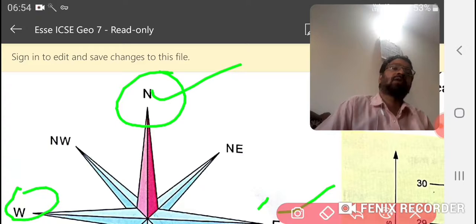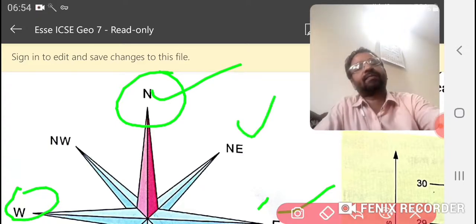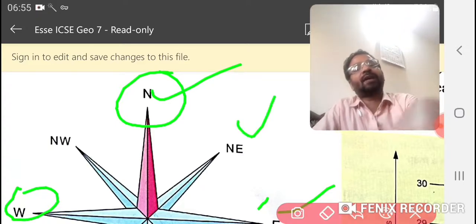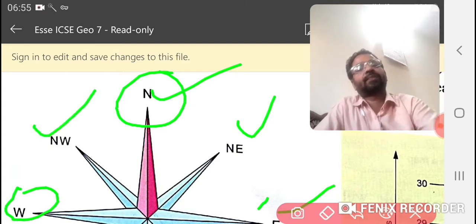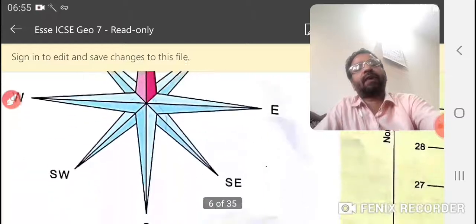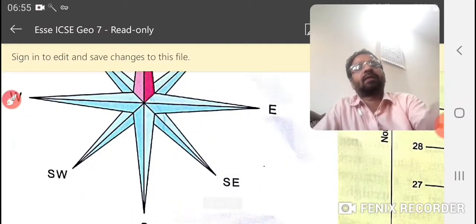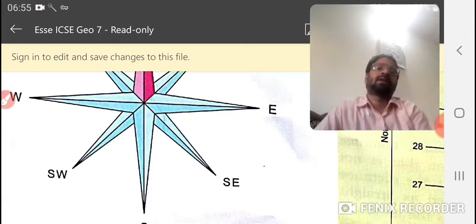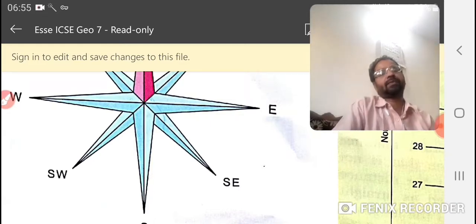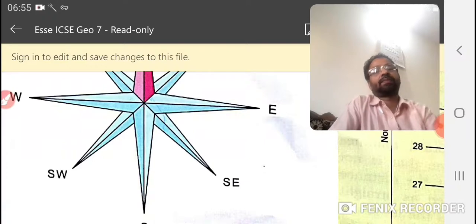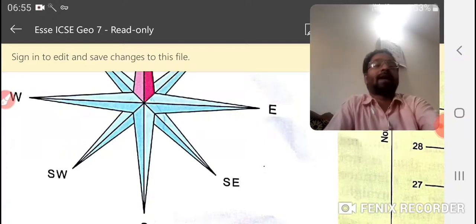What is it? North east. Then the middle of west and north, north west. And same thing we can find below: south west, next side, south east. So, this is the direction.